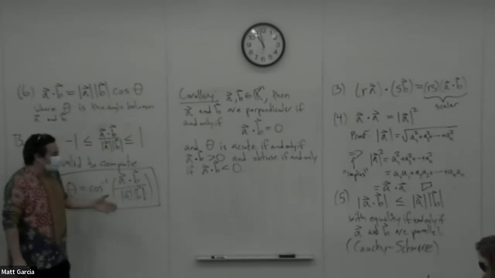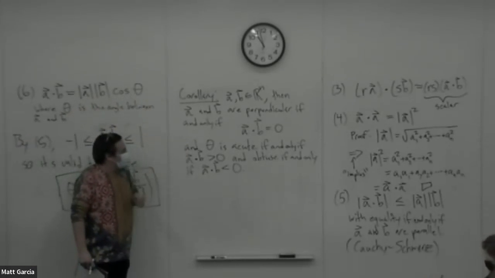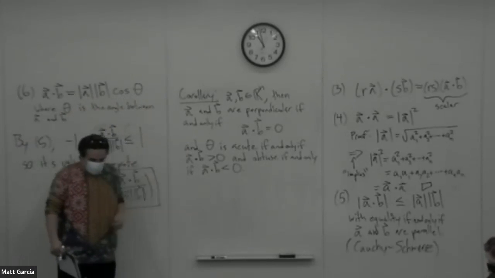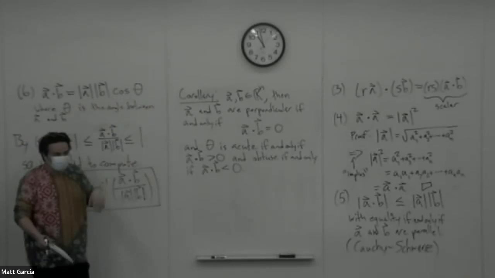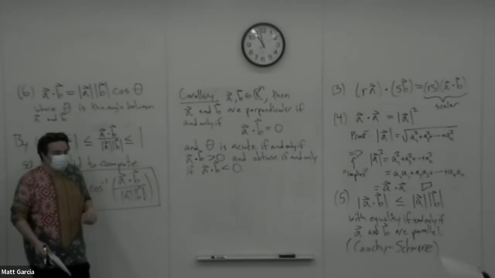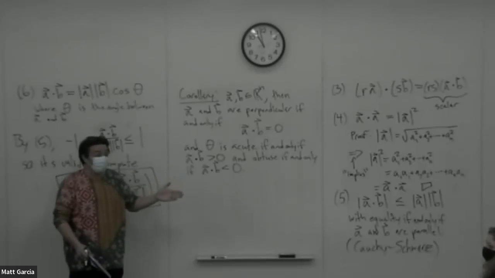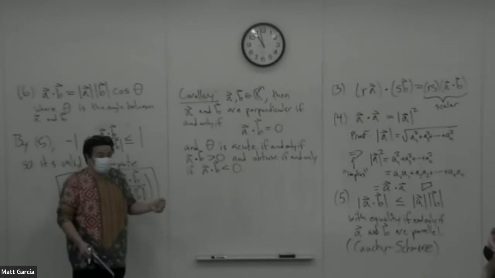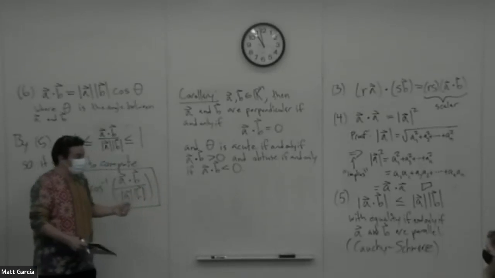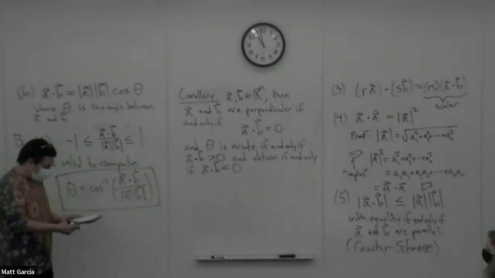That's why we can tell if A and B are acute, orthogonal, or obtuse relative to one another just by the dot product, because that dictates the sign of the cosine function. Good.